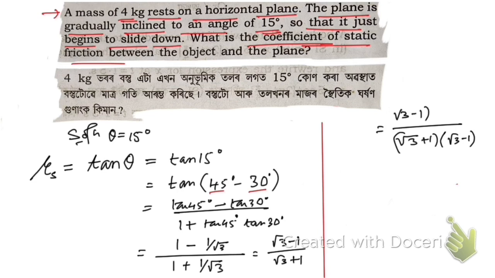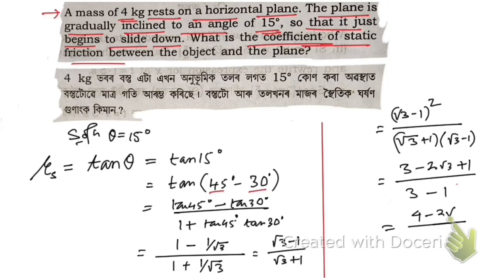Root 3 minus 1 into root 3 minus 1, that means (root 3 minus 1) whole square. So root 3 square is 3, minus 1 square is 1, and (root 3 minus 1) whole square is going to be 3 minus 2 root 3 plus 1. Okay, so (4 minus 2 root 3) divided by 2, that means 2 minus root 3.